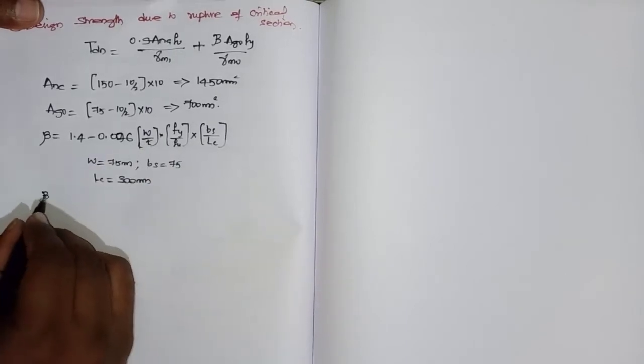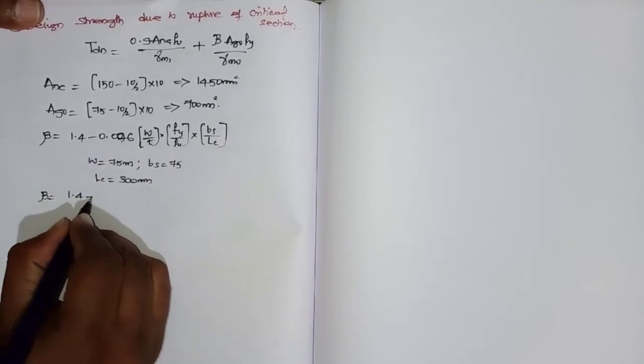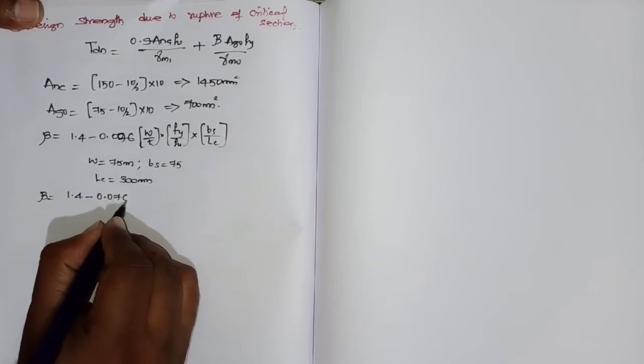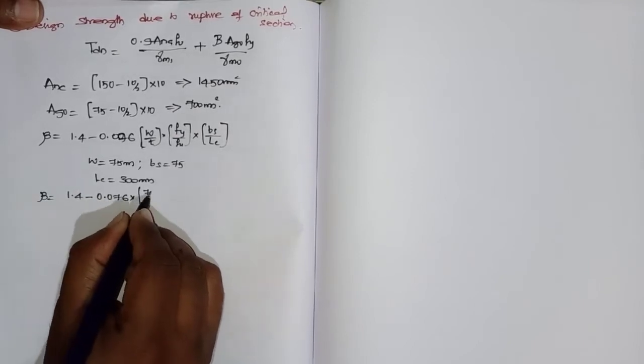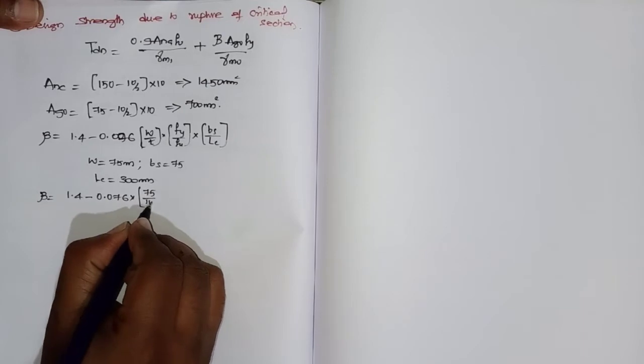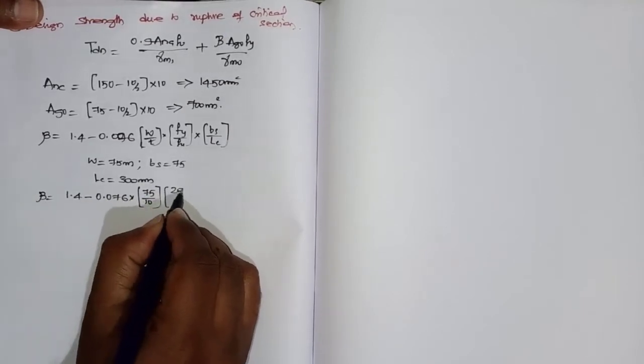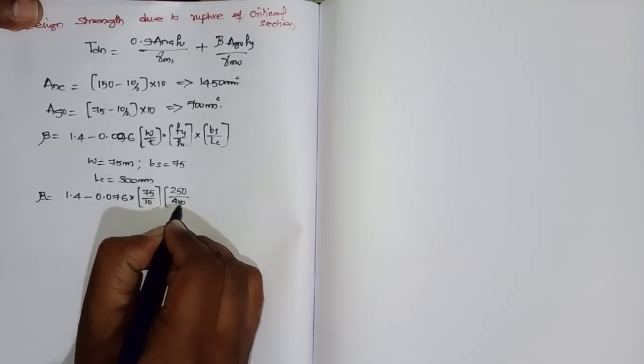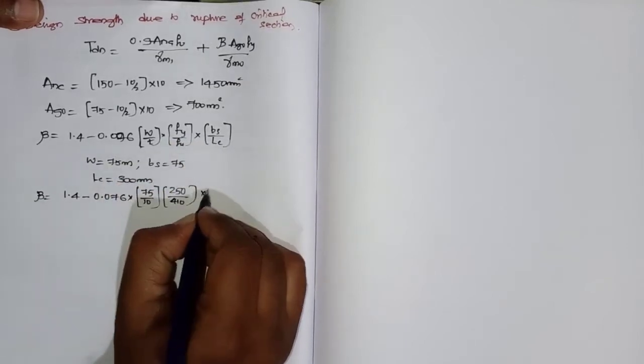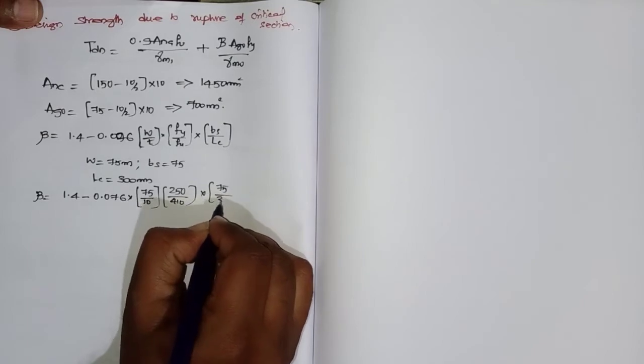If I substitute here for the beta value, 1.4 minus 0.076 into W, which is 75, by thickness, 10 mm, into Fy 250 by Fu 410. Already these are given data, right? Into 75 by 300.